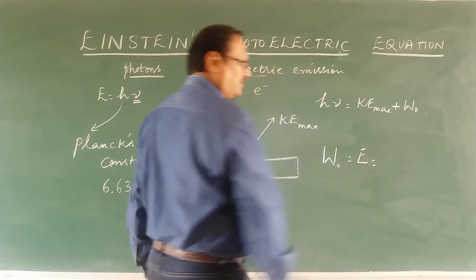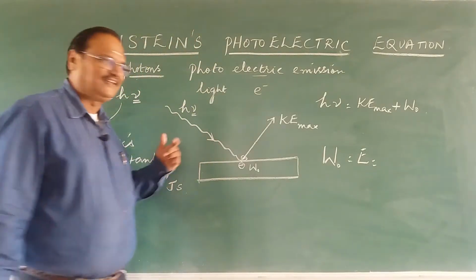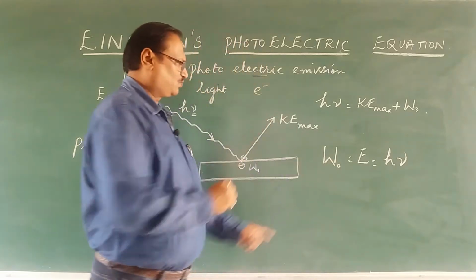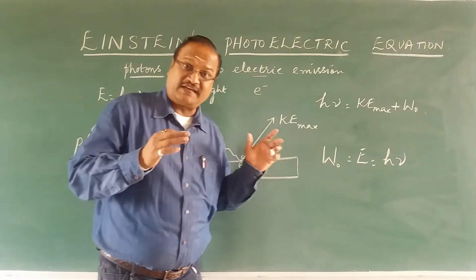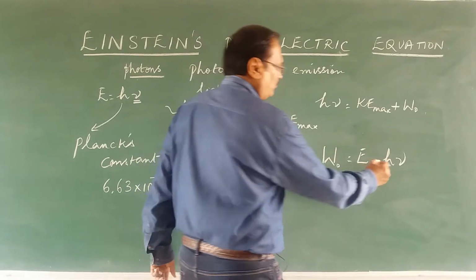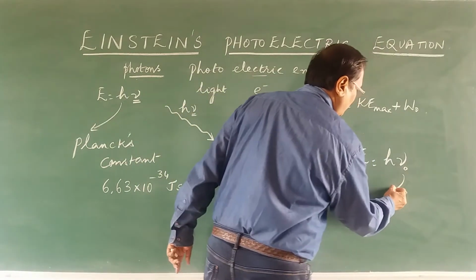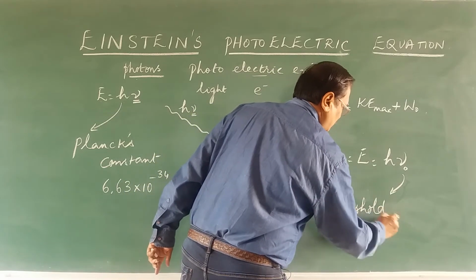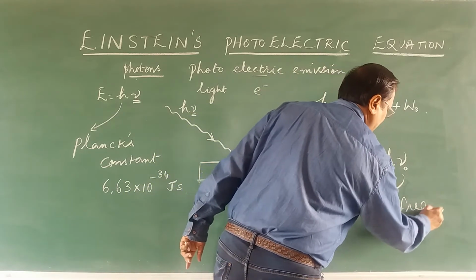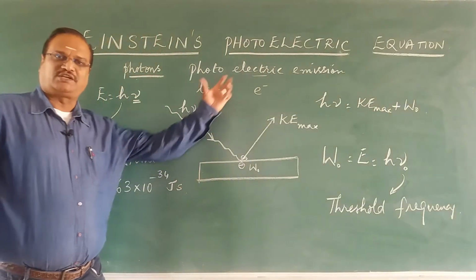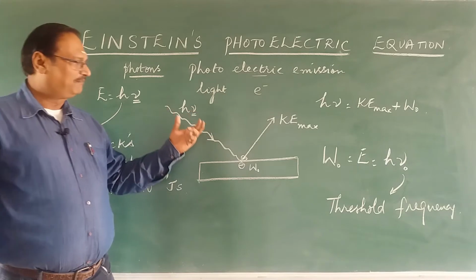Energy using Planck's quantum theory is h nu. But work function is the minimum energy, so it requires a minimum frequency. So I will put nu naught, and nu naught is called threshold frequency. Threshold frequency is the minimum frequency required for the electron to be ejected or emitted from the metal.